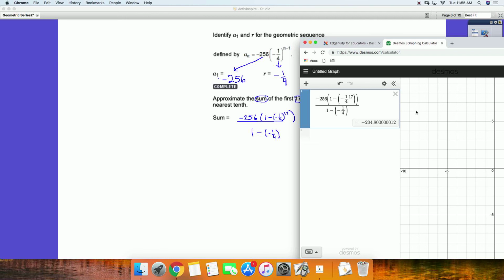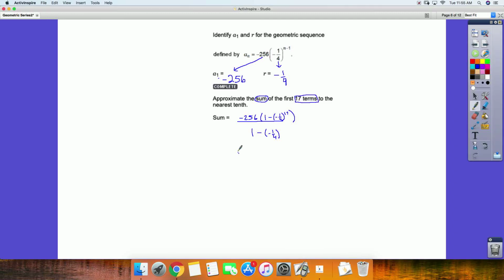And when we do that, we end up getting an answer that is about negative 204.8, but it says approximate to the nearest tenth, so I think we're good there. So negative 204.8.